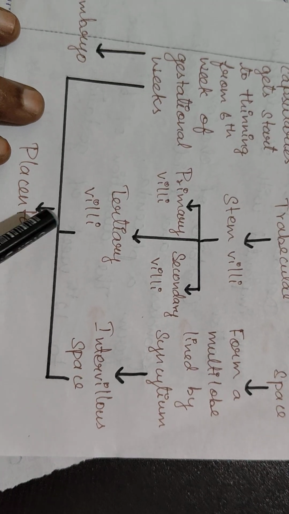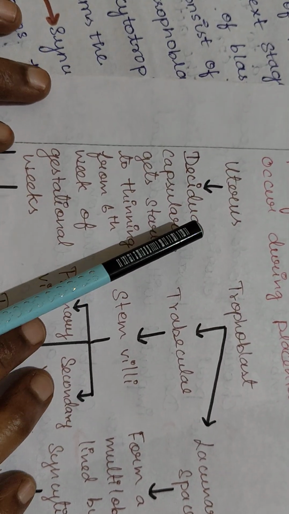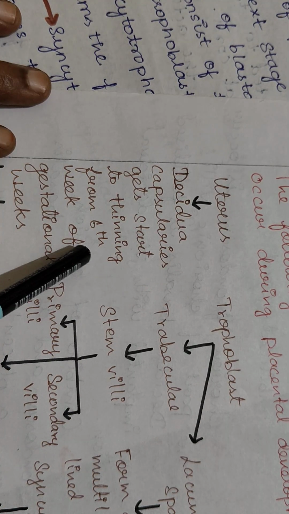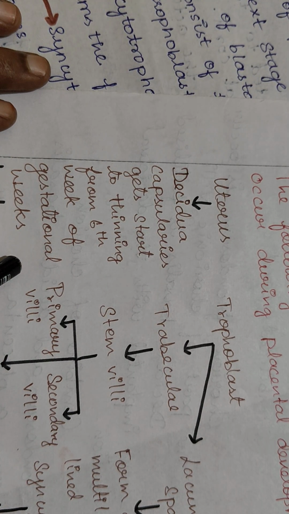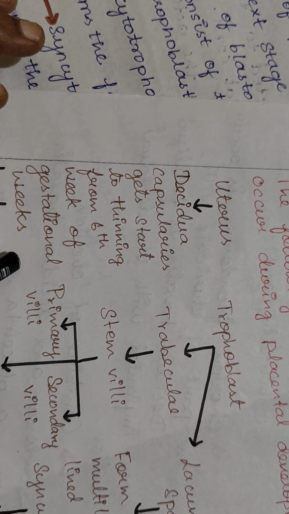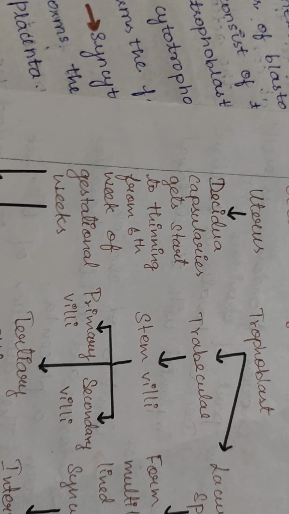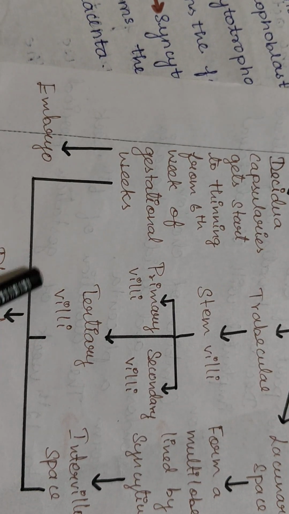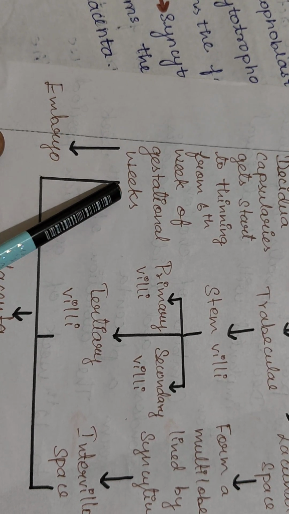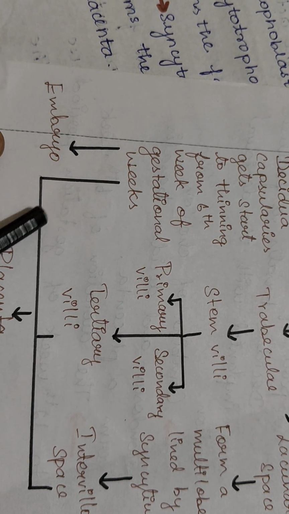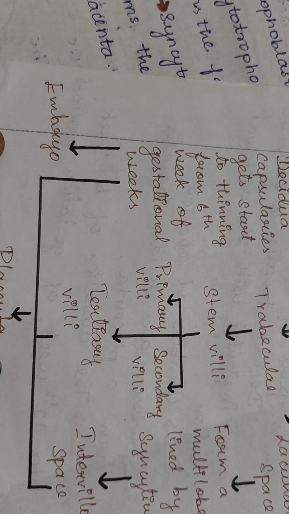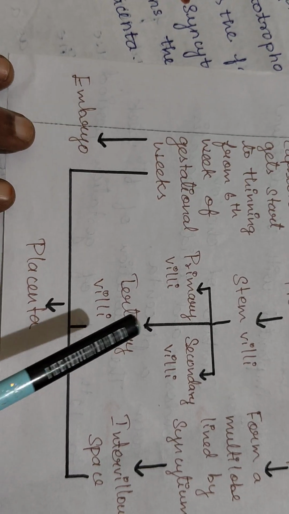Then it forms the placenta. Next, on the uterus side, the decidua capsularis starts thinning from the 6th week of gestation. The decidua basalis, the chorionic villi and the intervillous space all form the placenta.